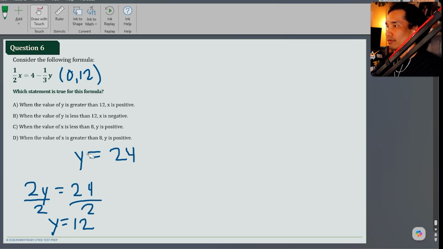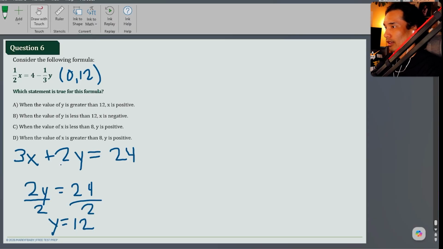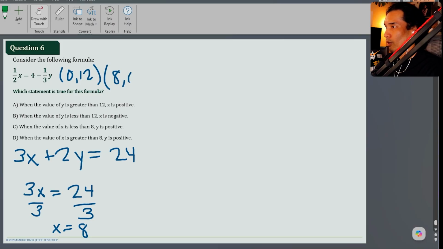Okay, let's go ahead and do the next one. Our next one now is going to be 3x equaling 24. Divide by 3, x is equal to 8. And that is our second ordered pair.